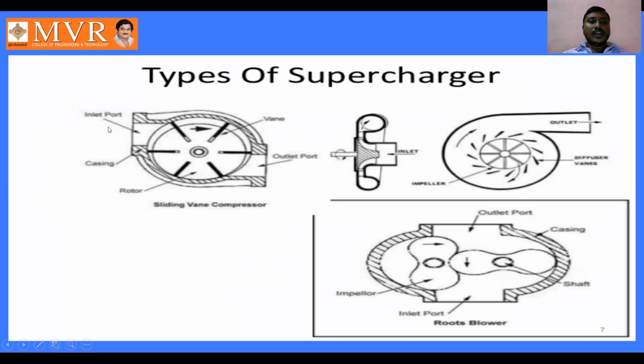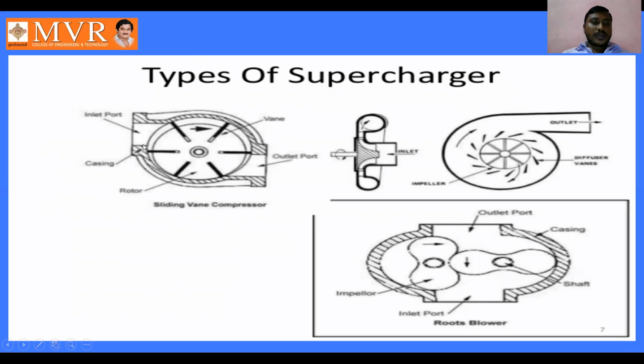From the inlet port we give the pressurized, high pressure air into the engine cylinder. The air is compressed in between the casing and the rotor.